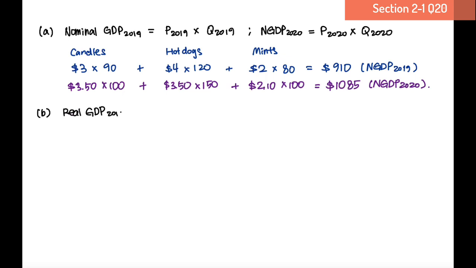Now, for example, if we're looking at the real GDP of 2019, what's same is that we're still looking at the quantity of 2019 because we're interested in the GDP of 2019. Hence, we're interested in the quantity of goods and services produced in 2019. What's different is that for prices, we're no longer going to use that current year's price, but rather we're going to use the base year's prices.